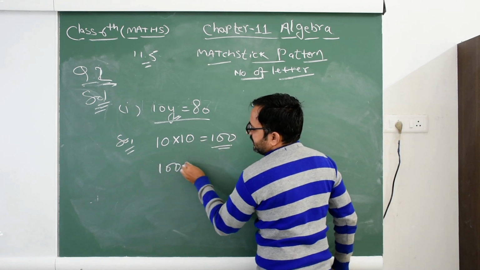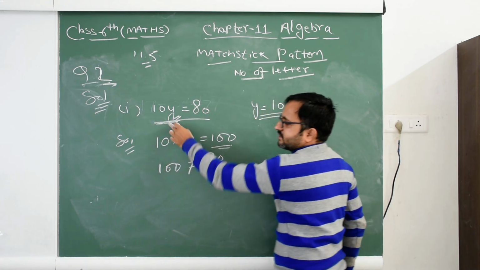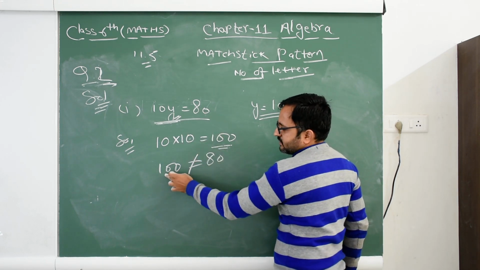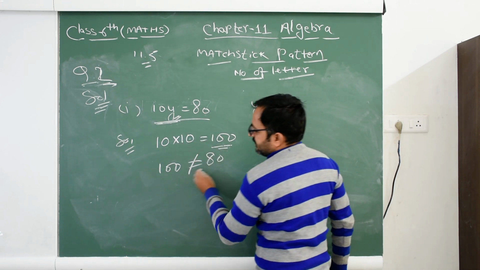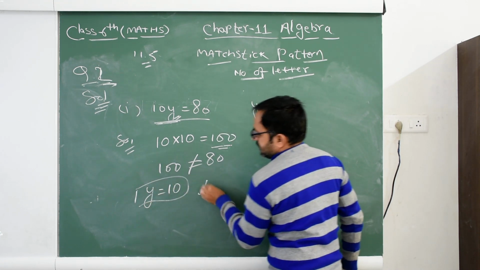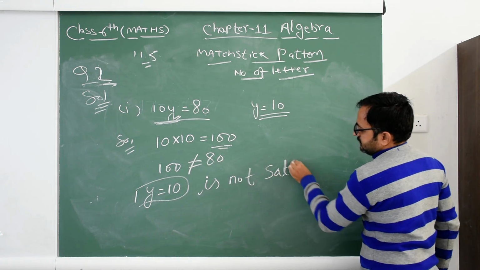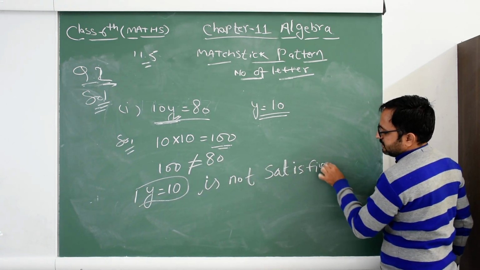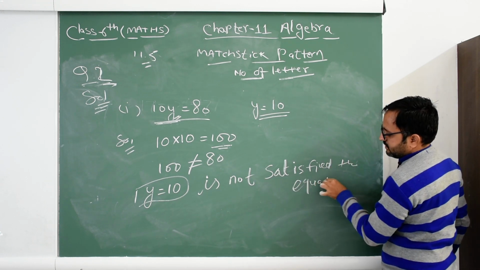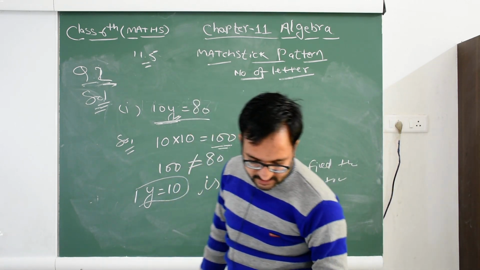Here 100 is not equal to 80. The LHS part gives 100 but the RHS is 80, so y equal to 10 does not satisfy the equation. So your answer will be no, not satisfied.